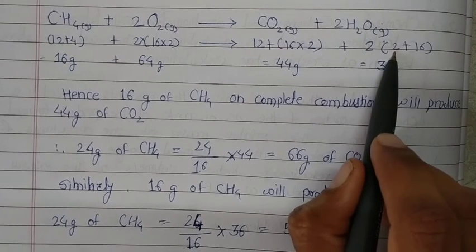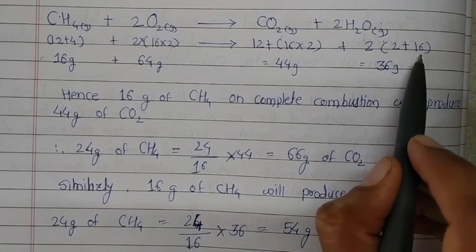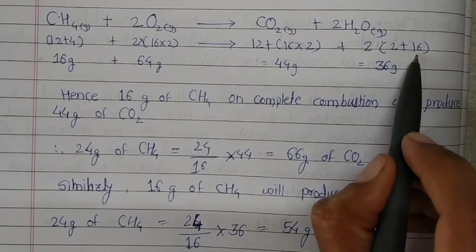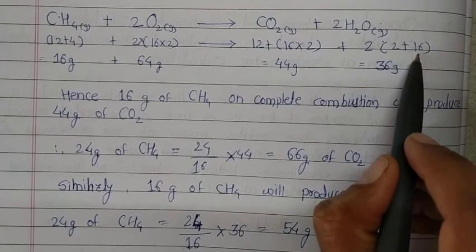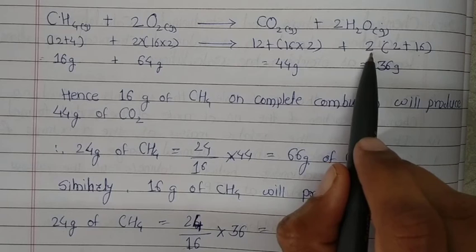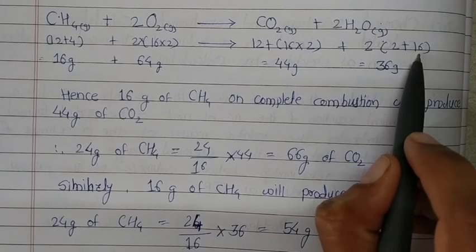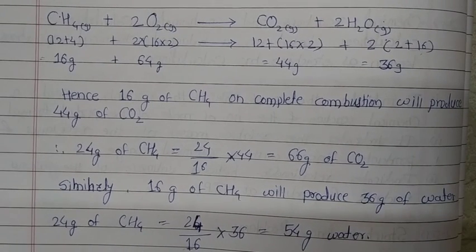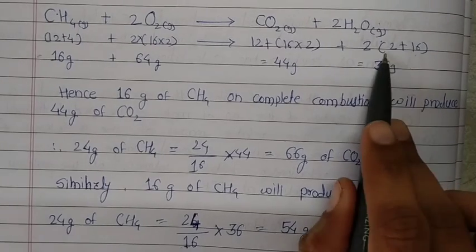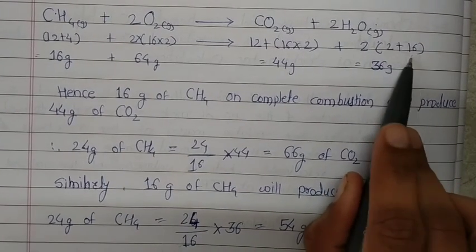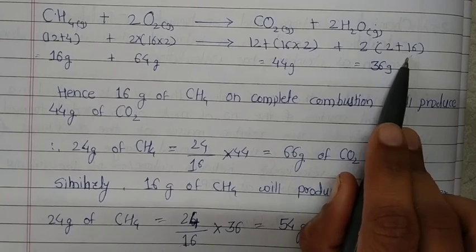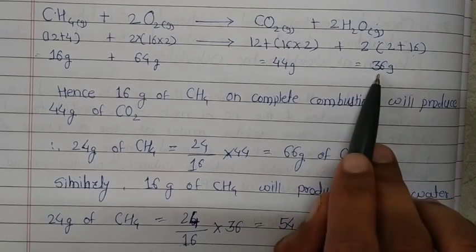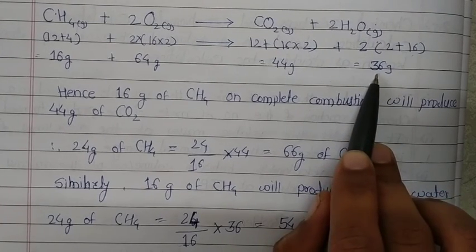So 2 plus 1 atom of oxygen, having atomic mass 16. So 2 plus 16 will be 18, and 18 into 2 will be 36 gram.